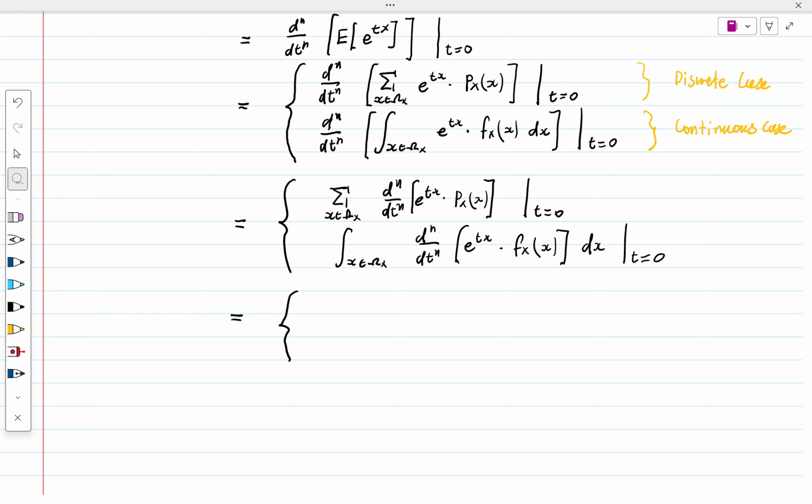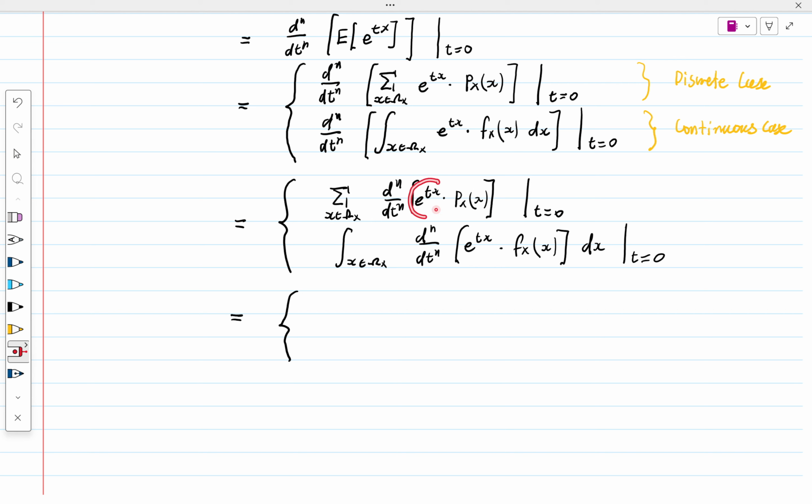Well, in the first case, we're differentiating something with respect to t. Now, p_X of x is independent of our variable that we're differentiating by. So in all respects, it's actually a constant.